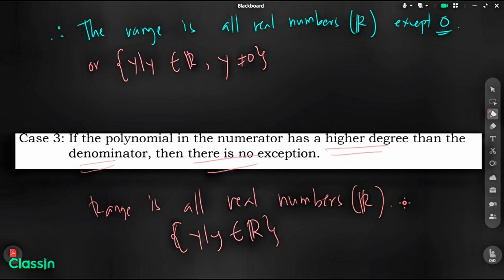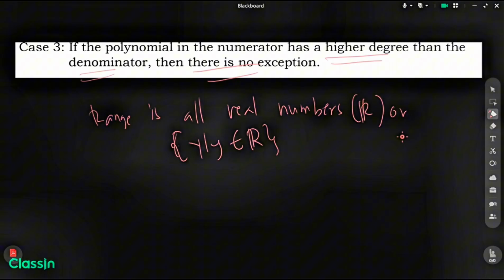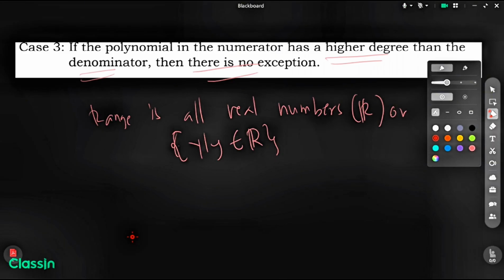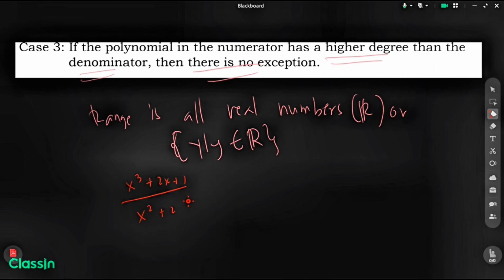For example, x cubed plus 2x plus 1 in the numerator, and in the denominator, x squared plus 2. So meaning, the degree of numerator is 3, and the degree of denominator is 2.